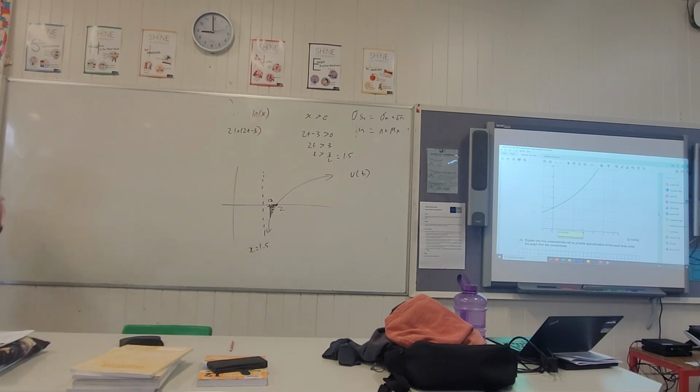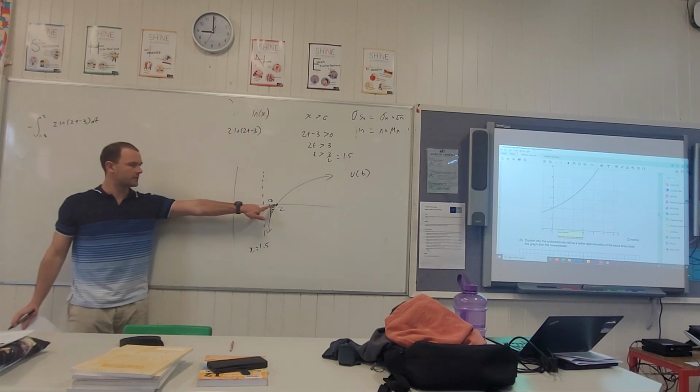When we consider the distance, it needs to be the negative of it, because it's got negative velocity. So that's negative the integral from 1.8 to 2 of the velocity function, 2 ln(2t − 3). That gives us the area of the first component.